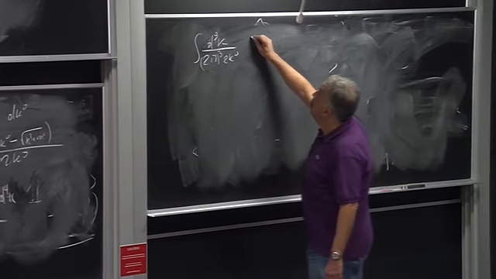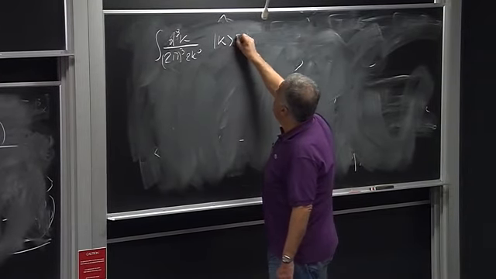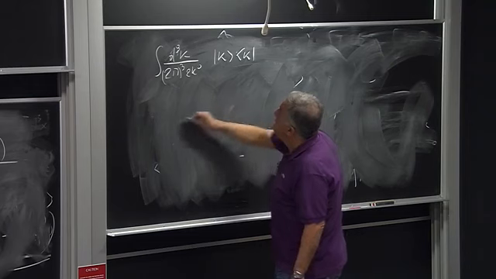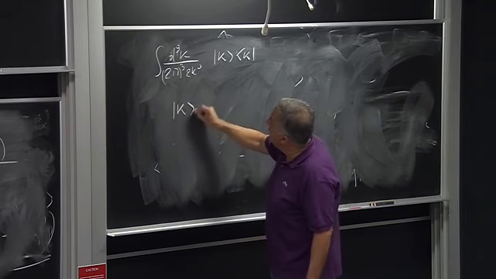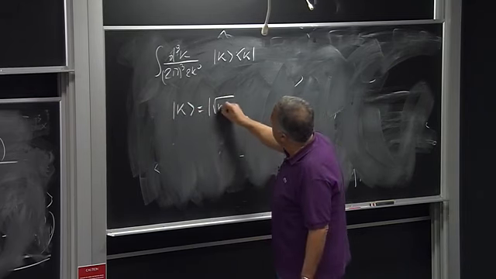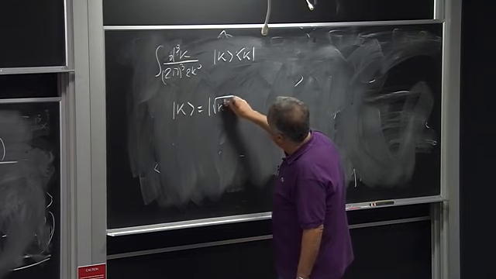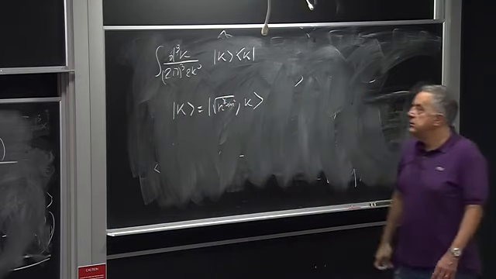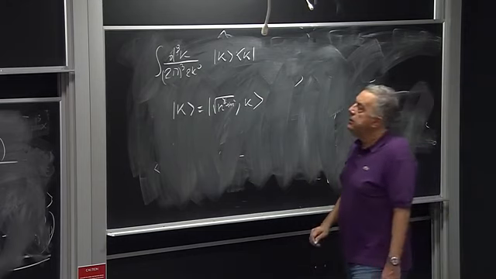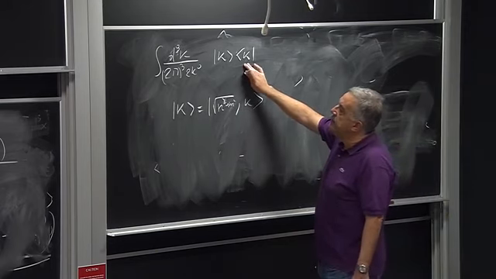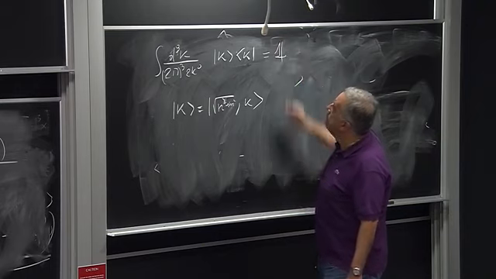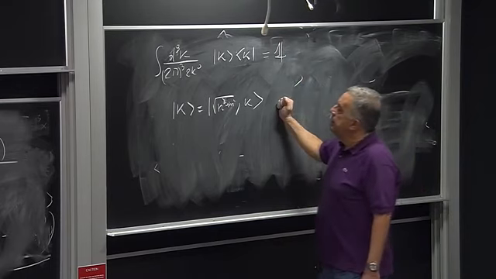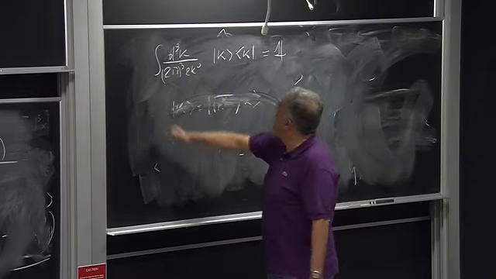Where it is intended that k0 is the positive square root of k squared plus m squared. Okay, and then this resolution of the identity gives the normalization of the states.